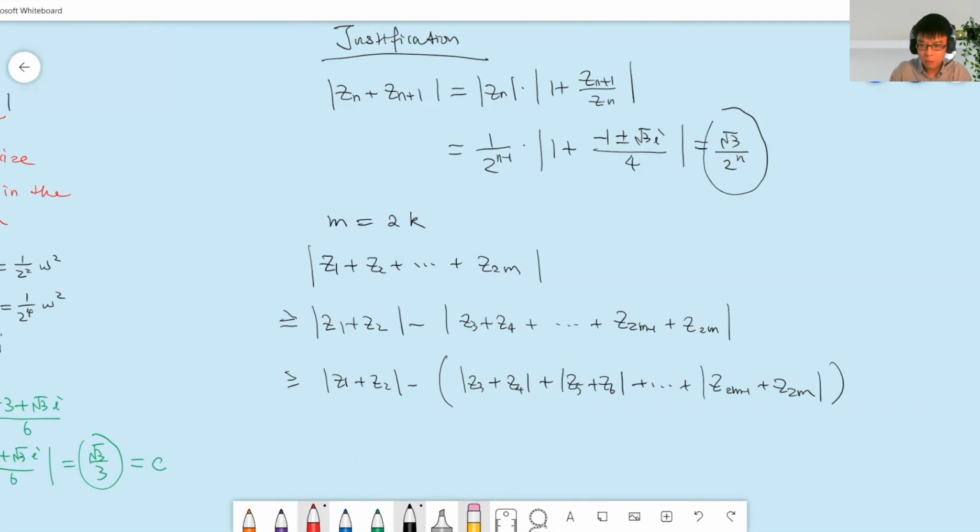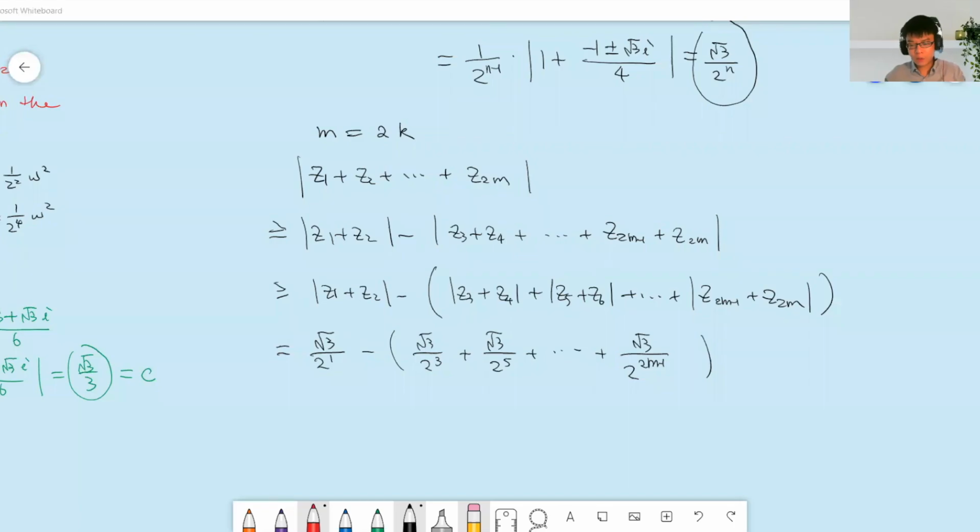I will just apply the formula. This equals √3 over 2 to the first power, minus √3 over 2 to the third power, plus √3 over 2 to the fifth, and up to √3 over 2 to the 2m minus 1.